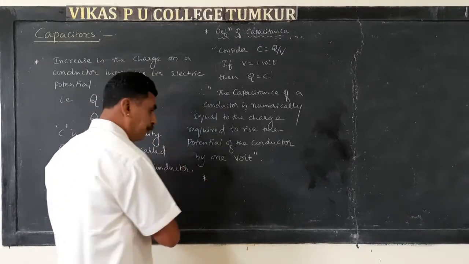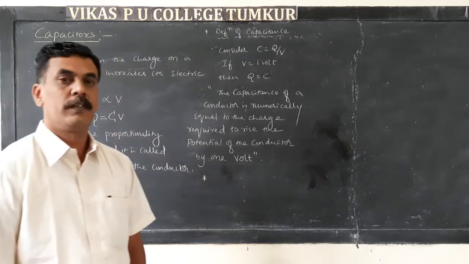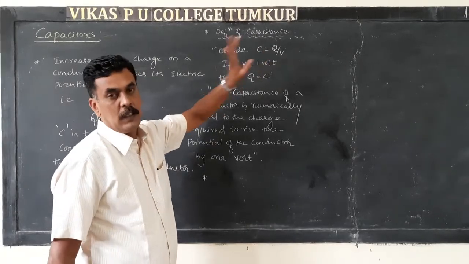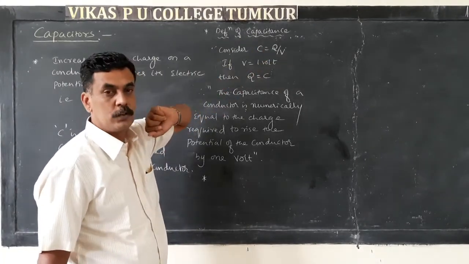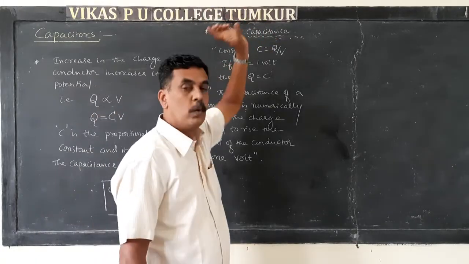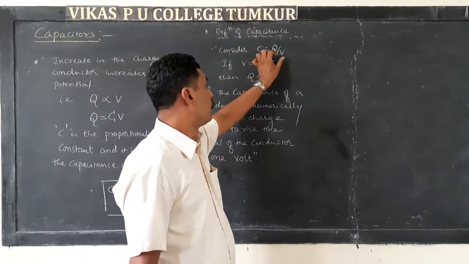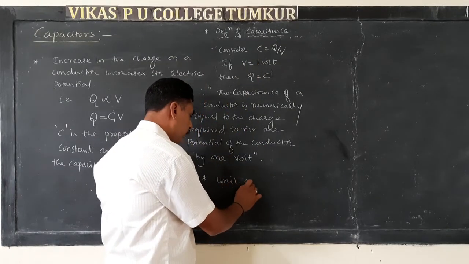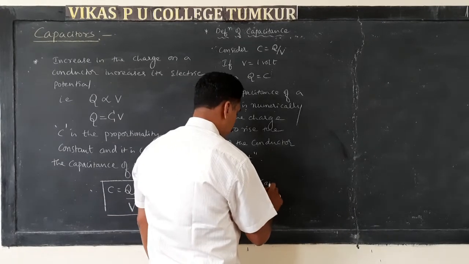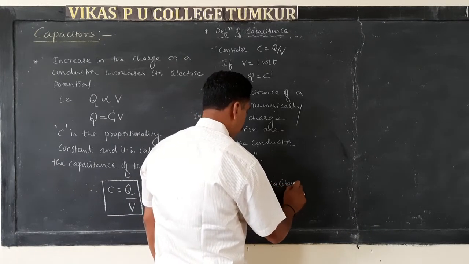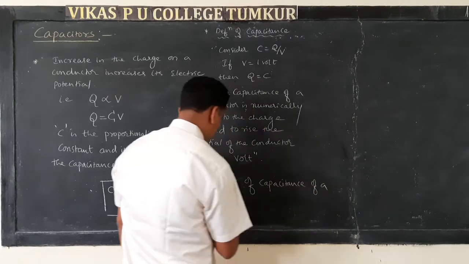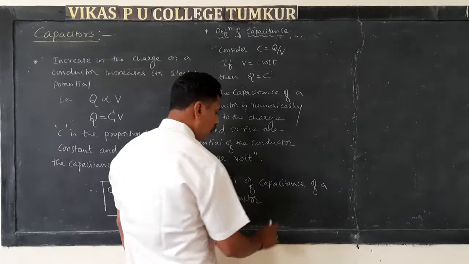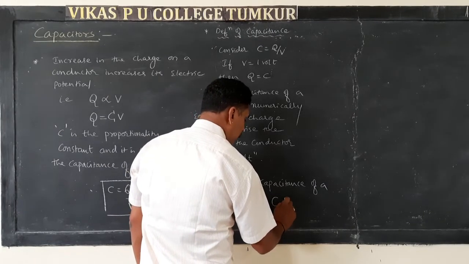Now, what should be the unit of electric capacitance? Q by V is the expression for capacitance. You know the unit of charge is coulomb, and the unit of potential is volt. So the unit of electric capacitance of a conductor is coulomb per volt.